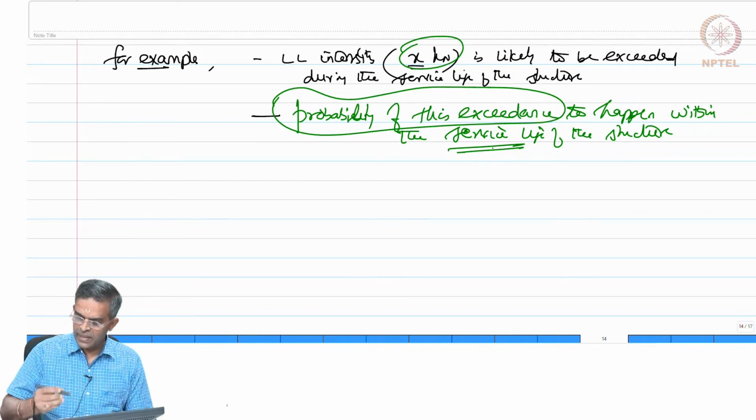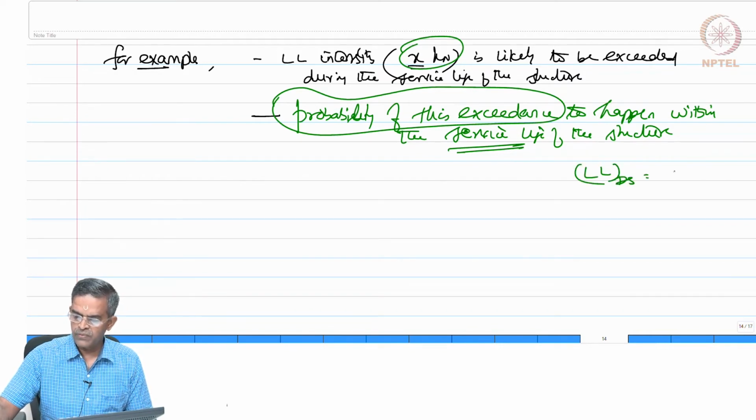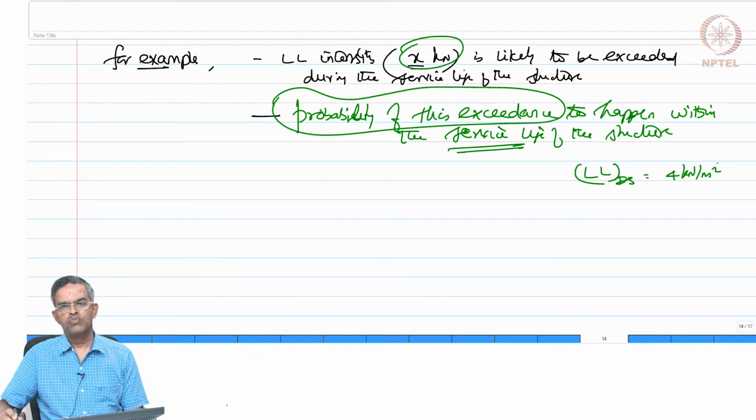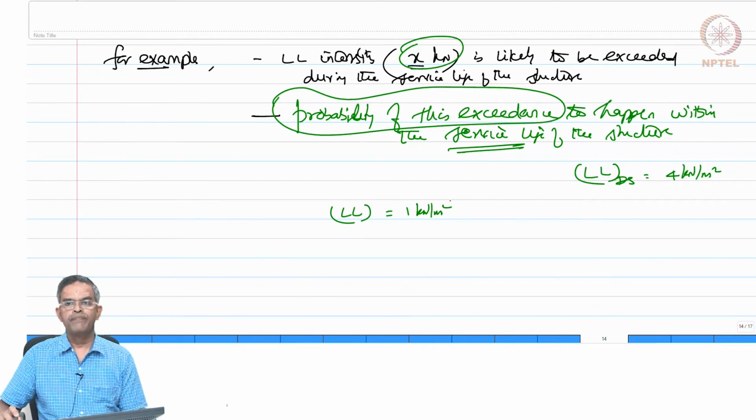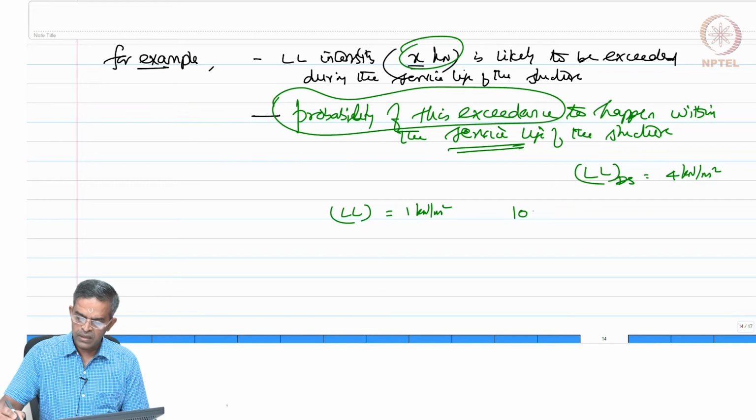For example, let us say the design live load is 4 kilonewton per square meter. If you ask me what would be the probability of a live load of about 1 kilonewton per square meter occurring on the structure, I would say the probability of the live load exceeding 1 kilonewton per square meter is 100%.